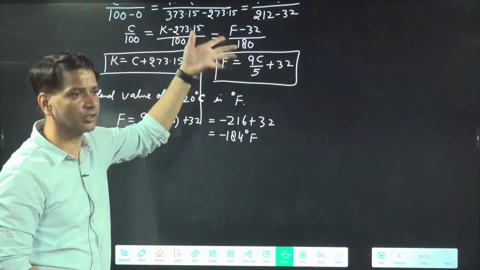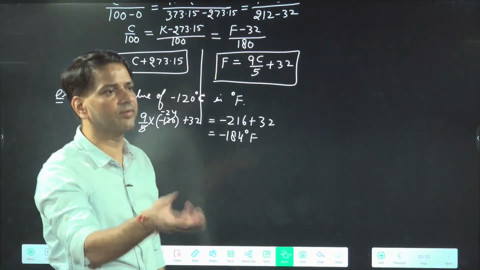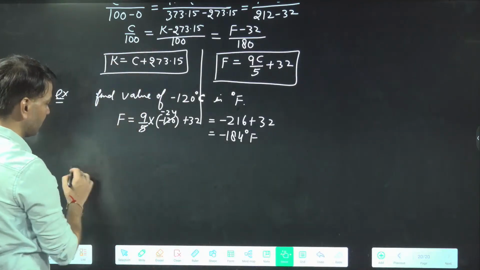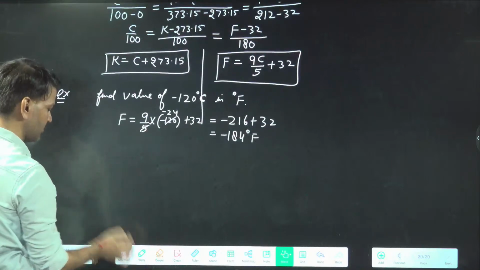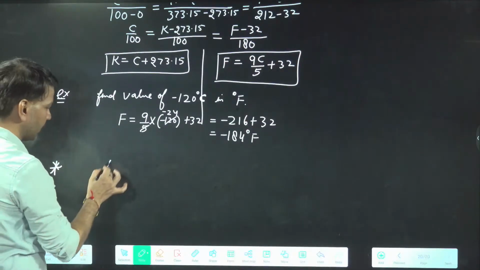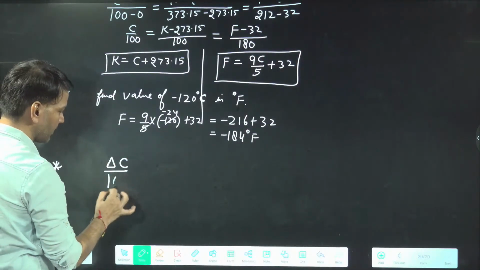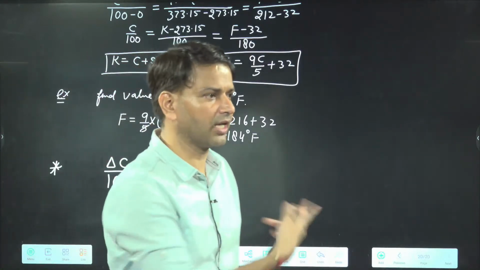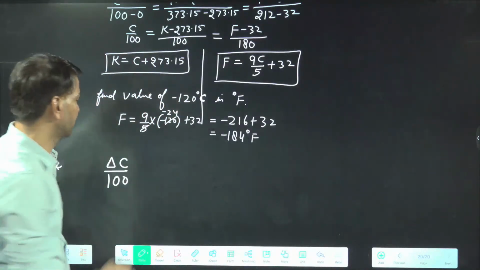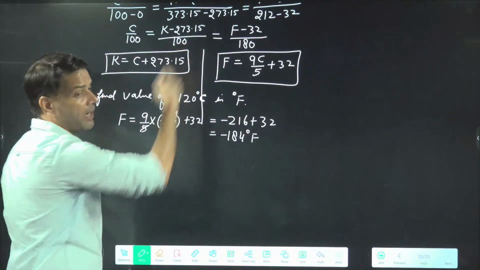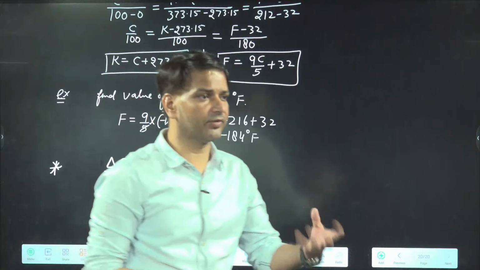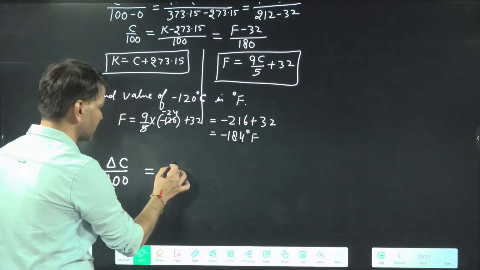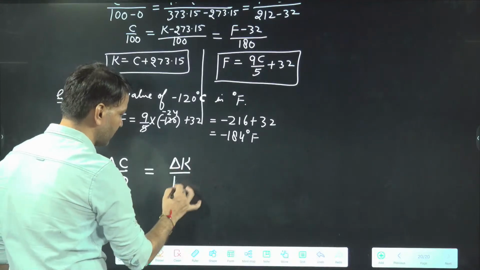If I differentiate, what I will get? Delta C by 100. Like x by 100, what is the differentiation? dx by 100. So I am writing delta C by 100 is equal to K minus 273. 273 differentiation is 0. So delta K by 100. So delta C by 100 is equal to delta K by 100.